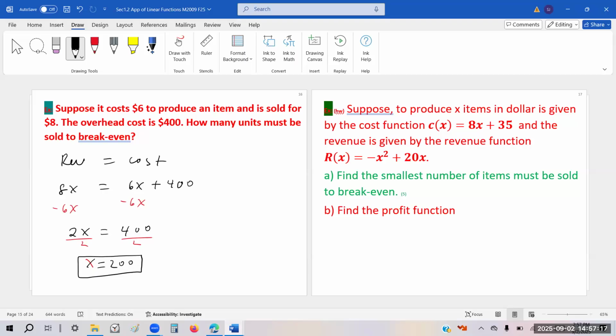What did you do there? How do you find that? Still wrong. What's the formula for profit? How do you calculate profit? Revenue minus cost?